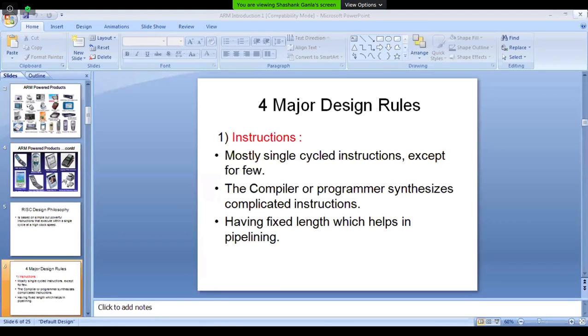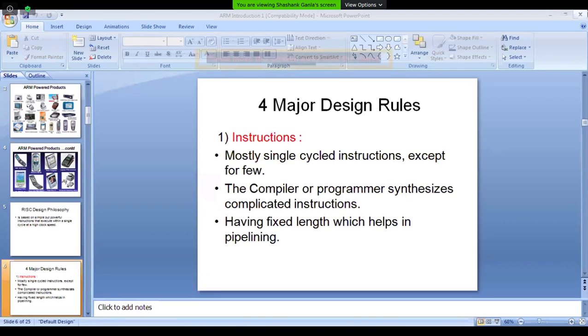Since RISC architecture does not have support for a large instruction set, it has support for comparatively fewer instructions as compared to CISC. So if I want to realize an operation which is available in the CISC architecture but is not available in the RISC architecture, I have to use the basic available instructions in the RISC architecture to realize that complex instruction using synthesis of instructions.